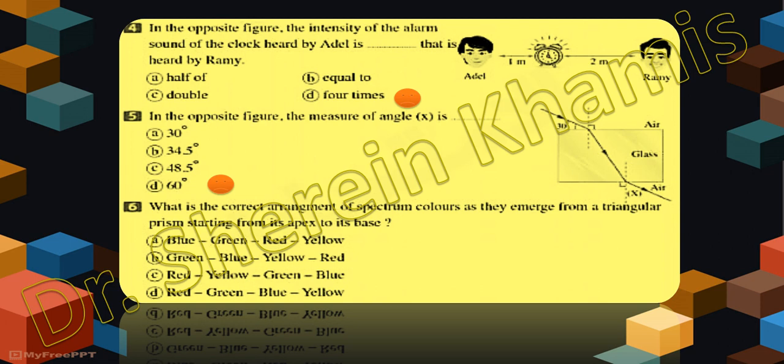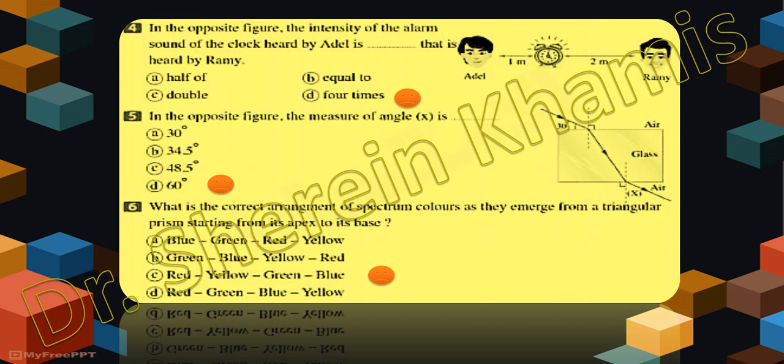We don't have any of these options complete. The right answer here will be red, yellow, green, blue. We don't have all the colors arranged, but we have some of them: red, yellow, green, and blue. Okay, this is the last question of the second exam.